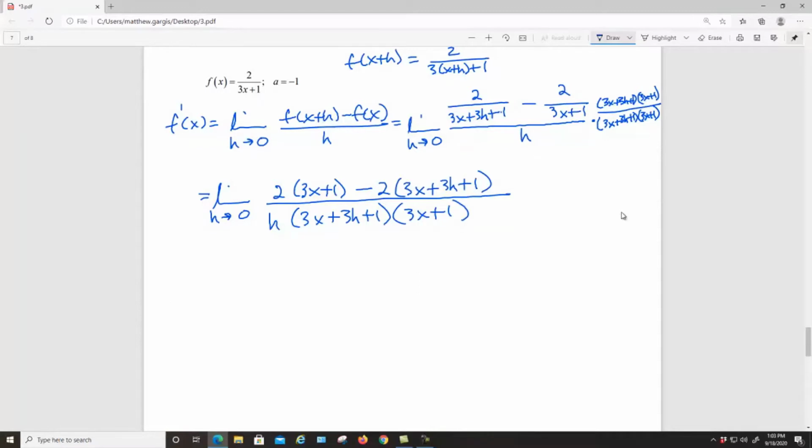I would leave the bottom like it is, and let's take the top now and see what we can do up here on the top.